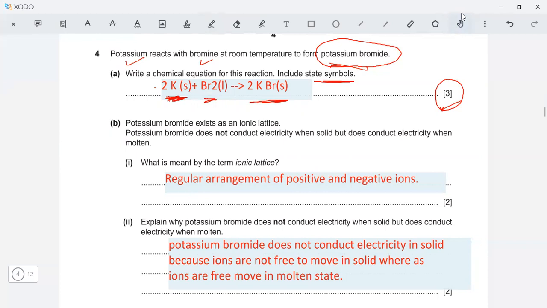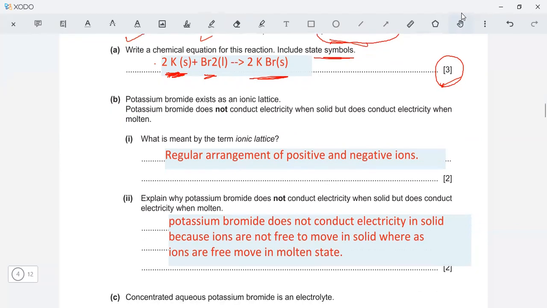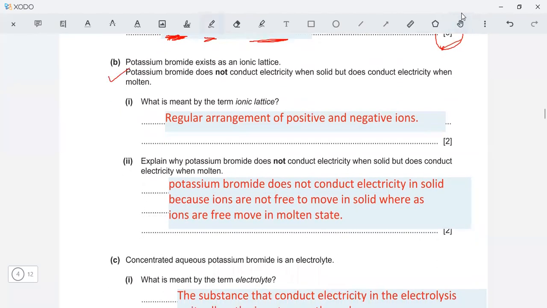Well, the next is B. Potassium bromide exists as an ionic lattice. Potassium bromide does not conduct electricity when solid, but does conduct electricity when molten. The first part says, what is meant by the term ionic lattice? From the word itself, we can define it. Ionic is basically positive and negative charge.